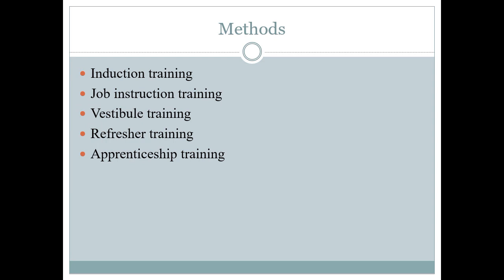So in this training, what is done? The trainees are taken off from the workplace to a separate room, which is called a vestibule. There they get training in which they are acquainted with the technology or the machineries which they will be using there.